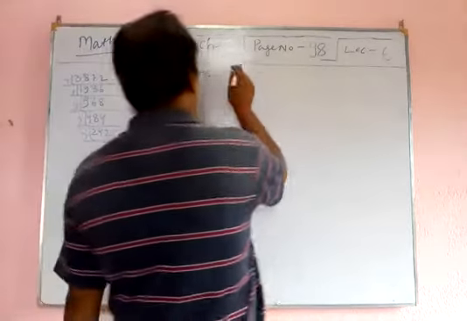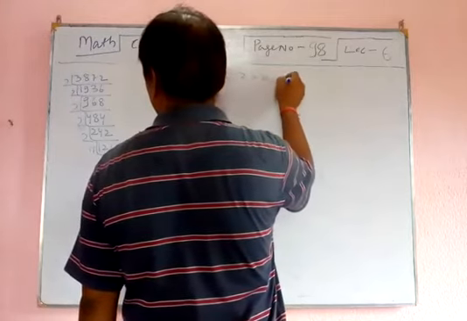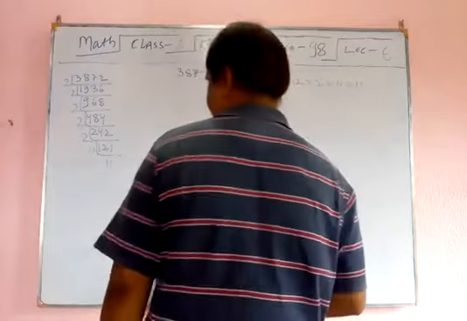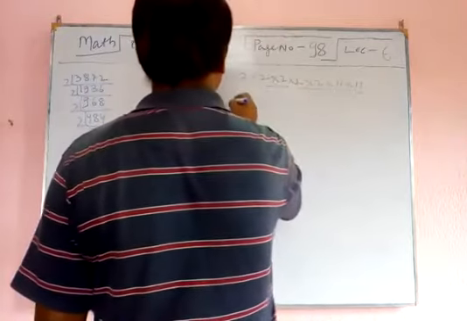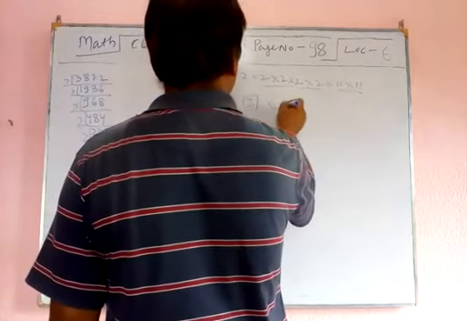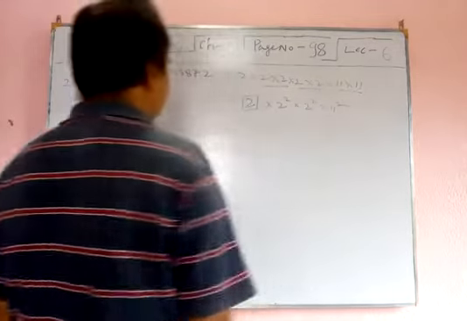So here we can write that 3872 is equal to 2 into 2 into 2 into 2 into 2 into 11 into 11. That means only these two is not paired, otherwise paired numbers are there.